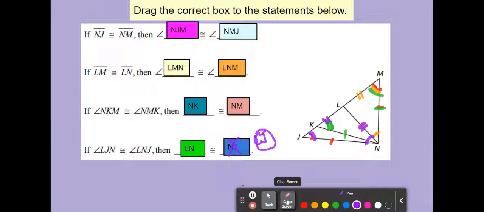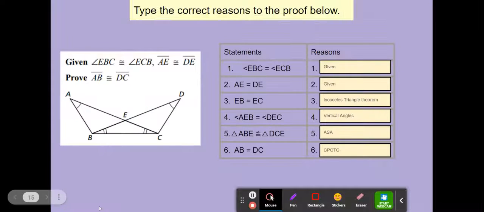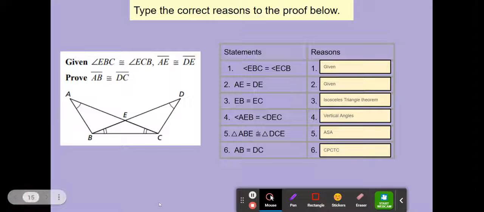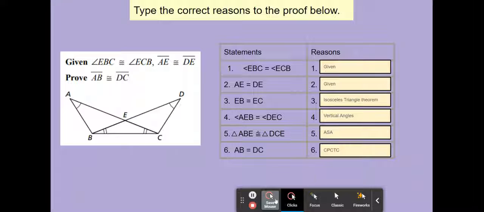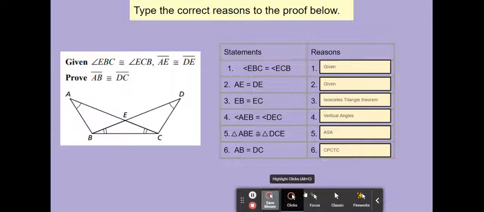All right. Let's look at the next one. Slide 15, last one. All right. So we have our proof here. And again, we put the information that we're given. We list that as the first statement. Whoops, went too fast. So EBC, that's a given.